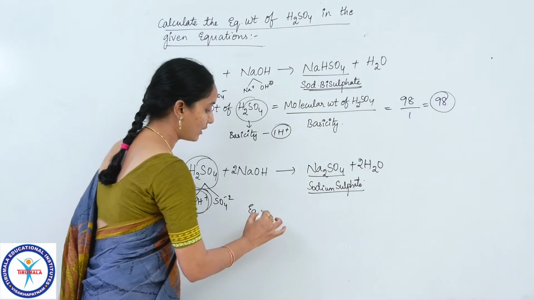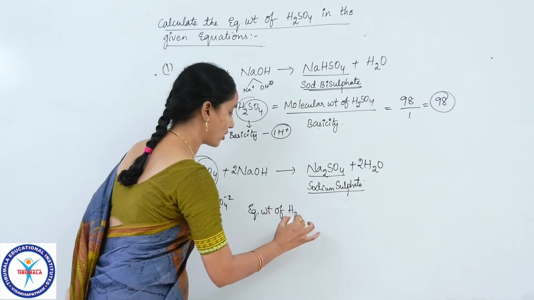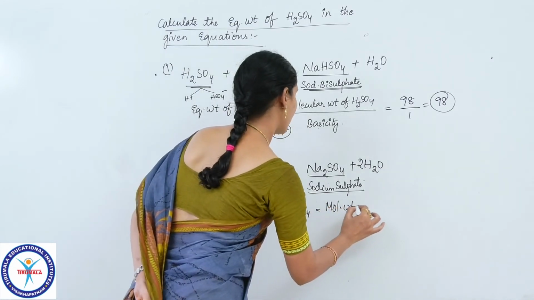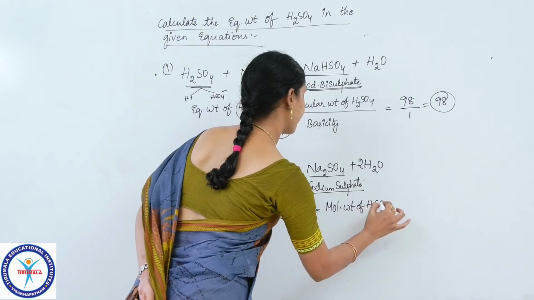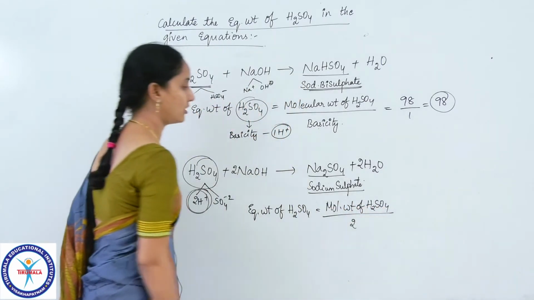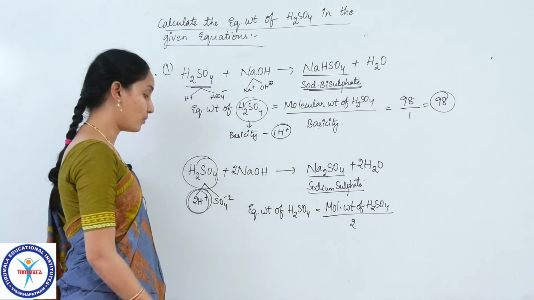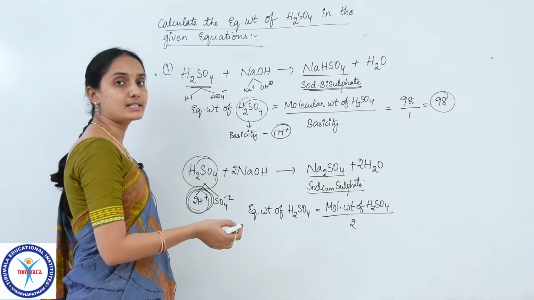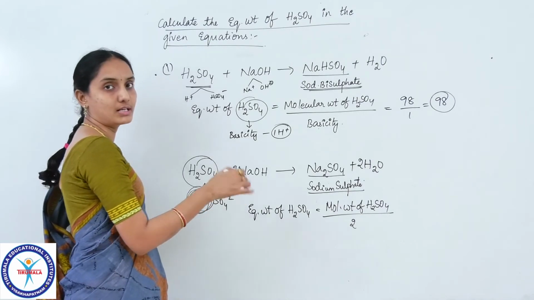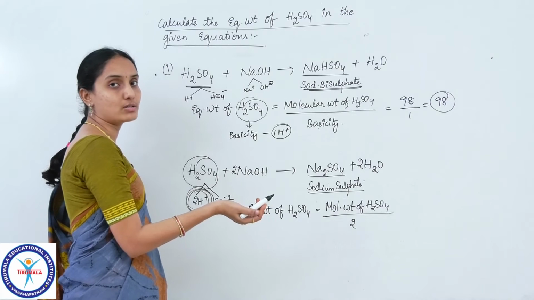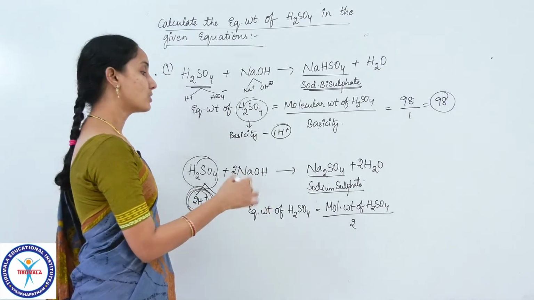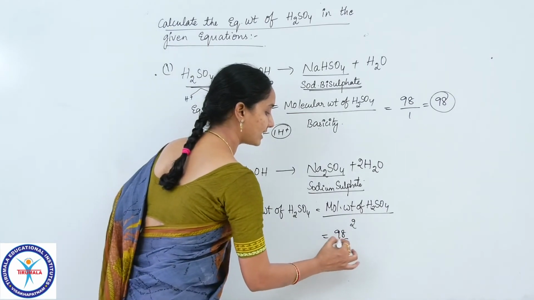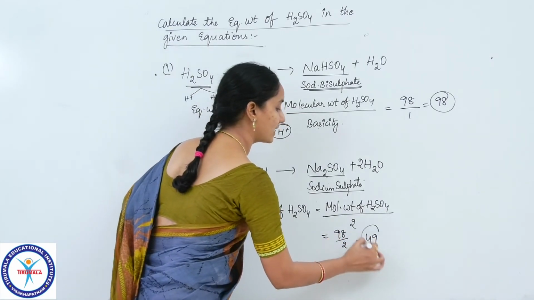So here equivalent weight of H2SO4 according to this reaction is equal to molecular weight of H2SO4 divided by 2. Here you should divide it by 2 because it has produced 2 H plus ions in this equation and it is replacing the 2 hydrogens. It is giving out the 2 hydrogens as H plus ions in the equation, so the basicity should be taken as 2. So now 98 upon 2 it becomes 49.